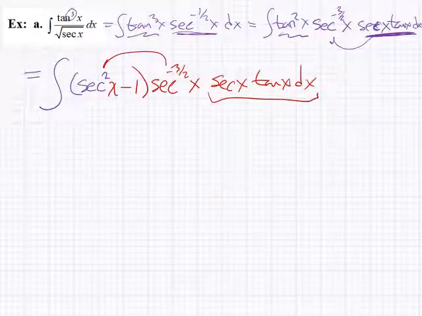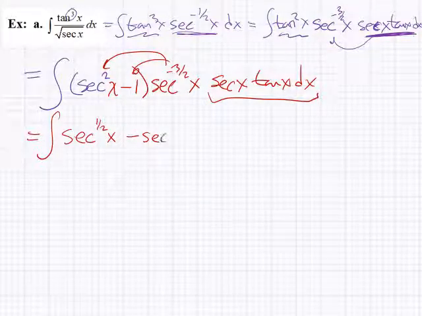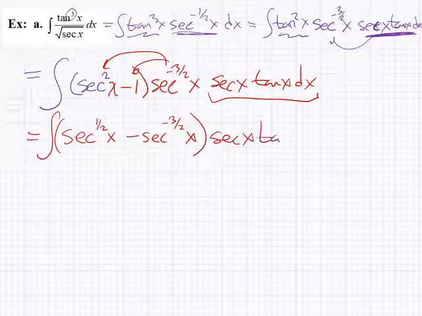And I'm going to distribute this in here just because I think I'm going to need it later anyway. Like I said before with the other ones with sine and cosine, I don't have to. I can wait, but eventually you're going to need to do it anyway, so let's just do it now. So I get secant squared times secant to the minus 3/2, add those exponents, and you end up with secant to the 1/2 x minus secant to the minus 3/2 x times secant x tan x.